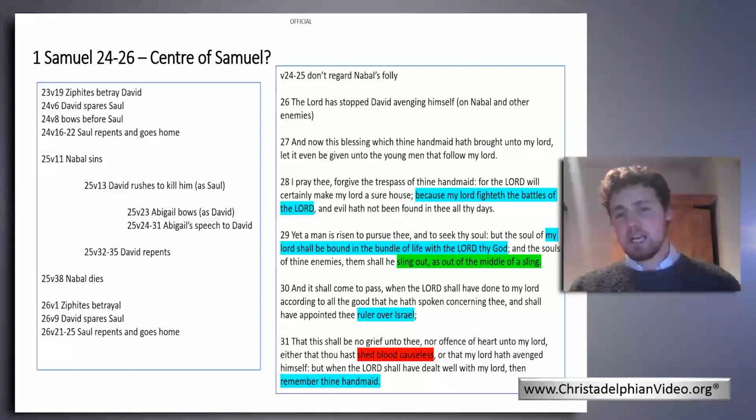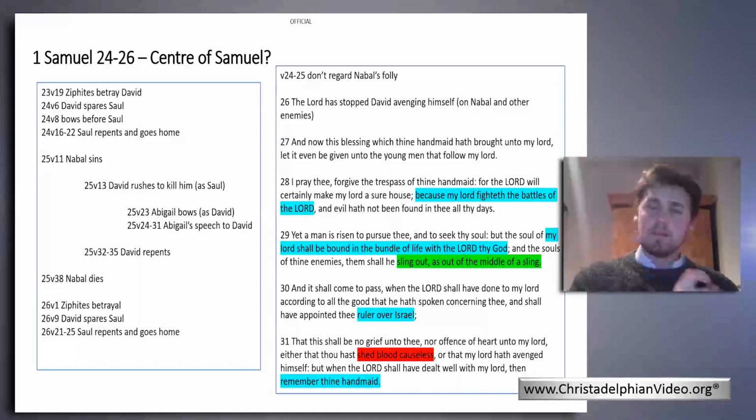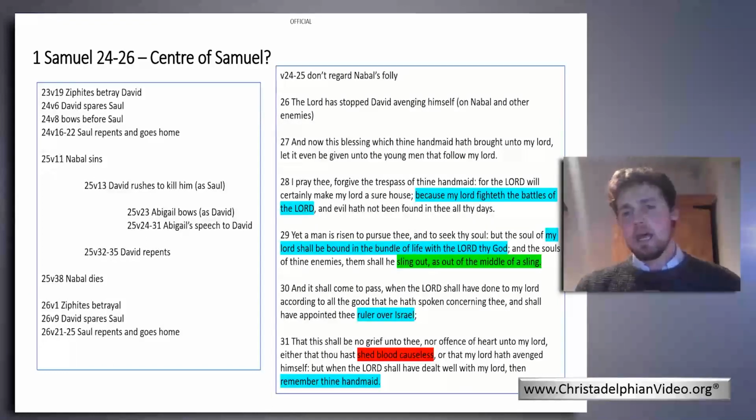And she says, "As a sling, he shall sling the enemies of David out, as out the middle of a sling." That takes you back, of course, to David defeating Goliath, which is that seminal moment really in the rise of David, puts David on the map, doesn't it? Because he slings that sling.